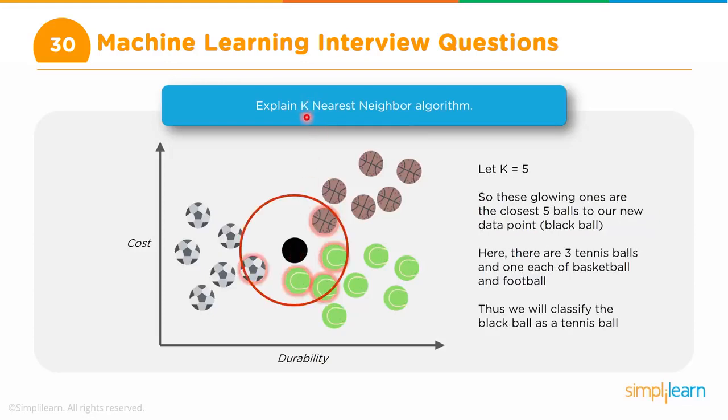Now let's say our initial value of k was 5. So you will find the 5 nearest data points. In this case, as illustrated, these are the 5 nearest data points. But all 5 do not belong to the same class or cluster. One belongs to cluster 1, the second belongs to cluster 2, and 3 of them belong to the third cluster.